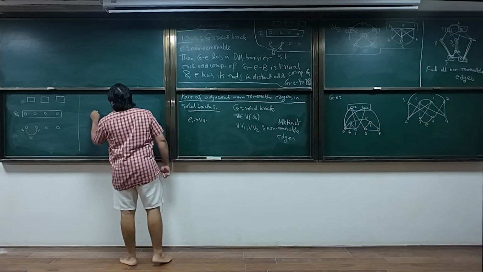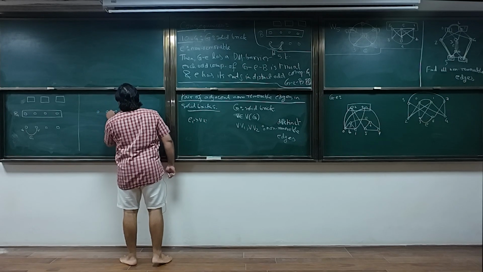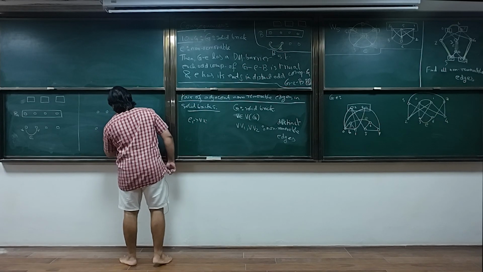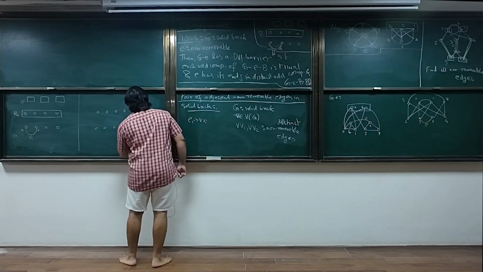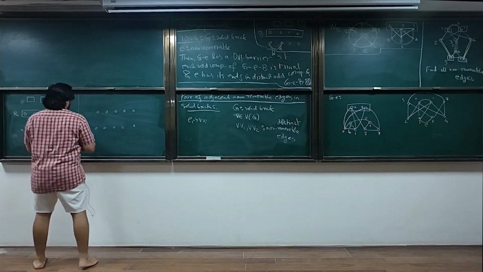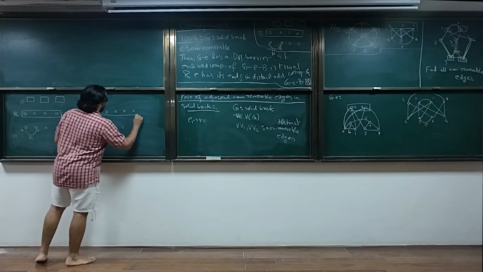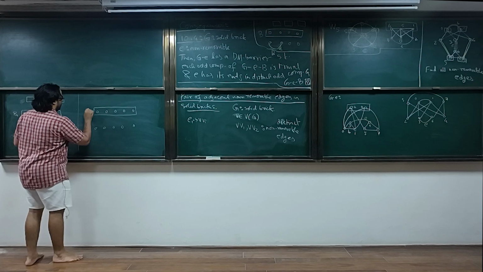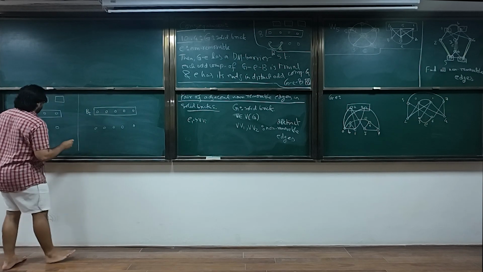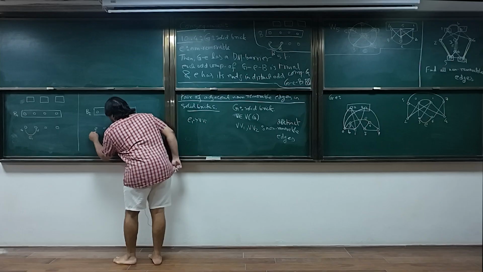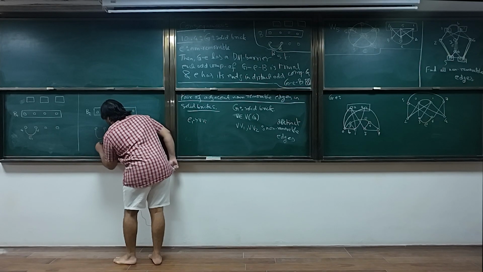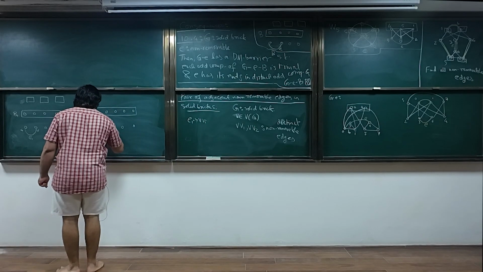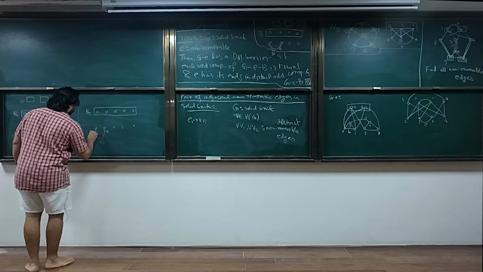Let's make one more drawing. This is B2. This is the edge E2, and this is V. This is V2.